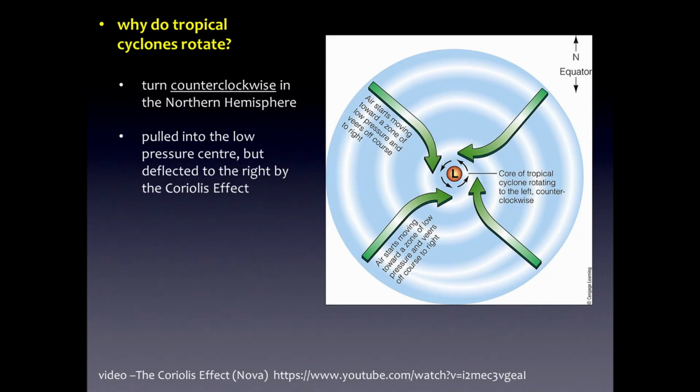Once again, we have that low pressure eye, so air is going to move from the high pressure zone to the low pressure, and as it does, the Coriolis effect is going to pull that air and it's going to veer off to the right, and the overall net effect is it's going to appear as though the cyclone is rotating to the left, counterclockwise, even though the Coriolis effect is pulling everything to the right. Remember, it's a case of how you're looking at what your frame of reference is.